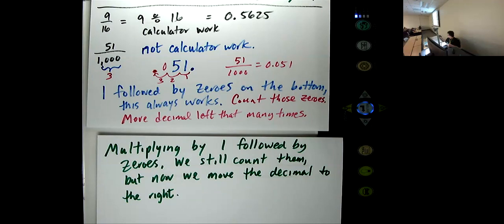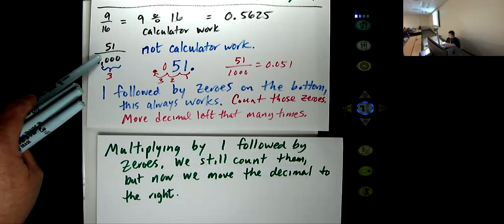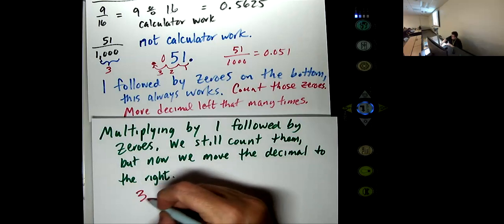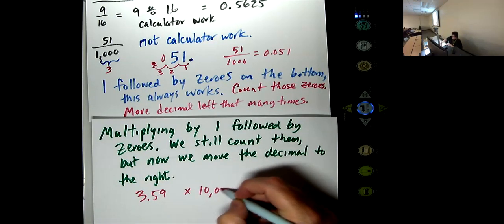So divisions and that multiply is right. And if it helps you, look at the number. Let's put it in something you'll recognize. If we had 3.59 and I multiply it by 10,000.